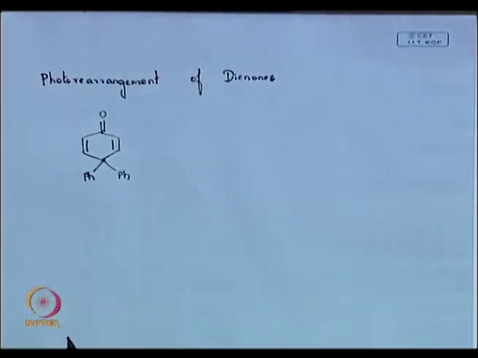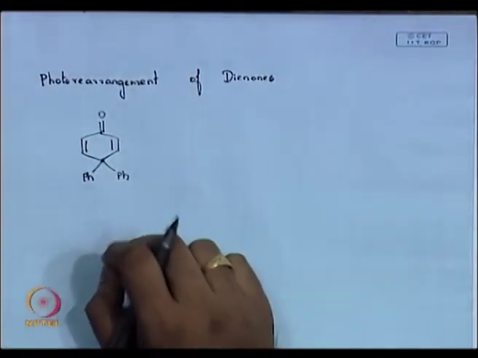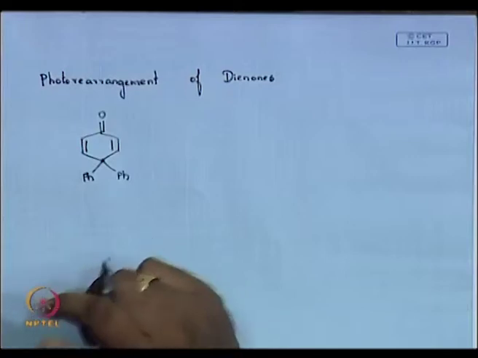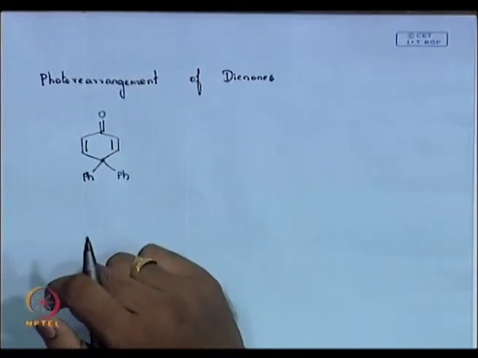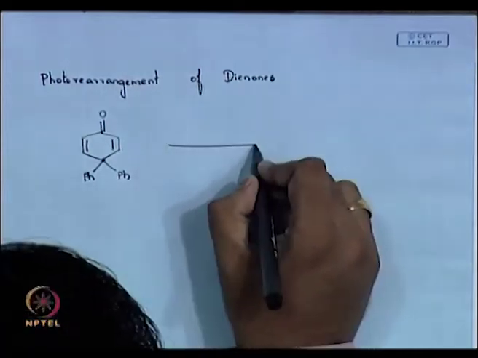This type of system, because the mechanism of this system is very important, where you can see some good concepts come out of this. When you write the mechanism, you will know that. What is the product when you photolyze this?